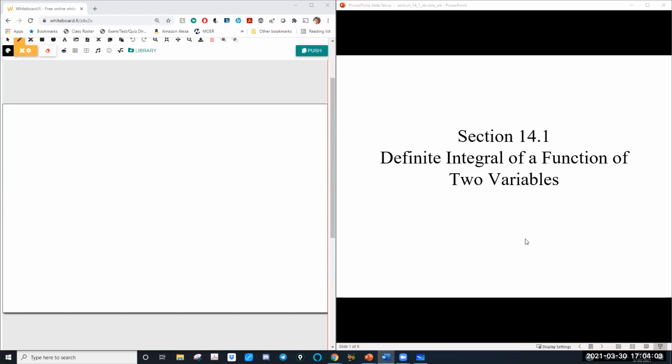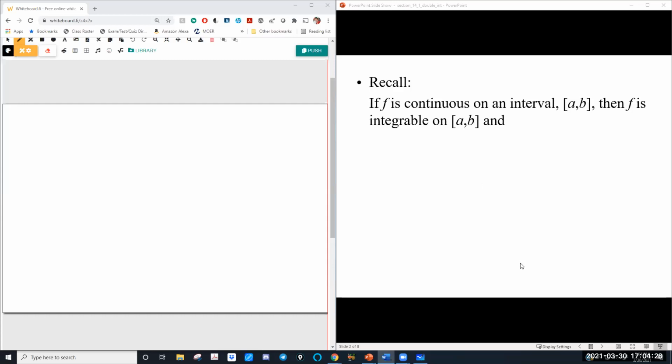But then I'm going to move on to 14.2 and talk about the region of integration, because that's usually the bigger sticking part. And because we're going to be heading into triple integrals pretty soon, we want to get this idea of a region in the XY plane down, because that's going to get extended. All right. So let's dive right in.